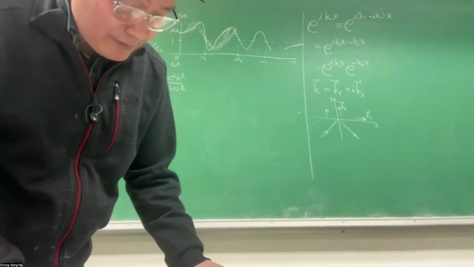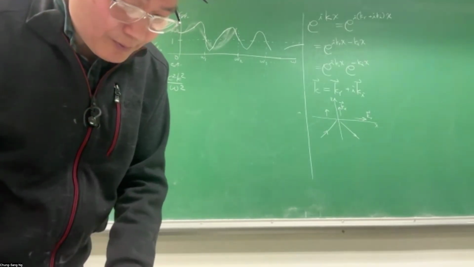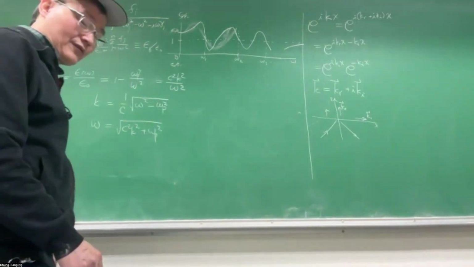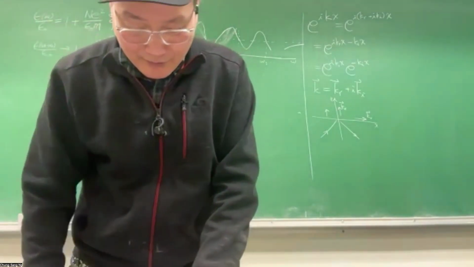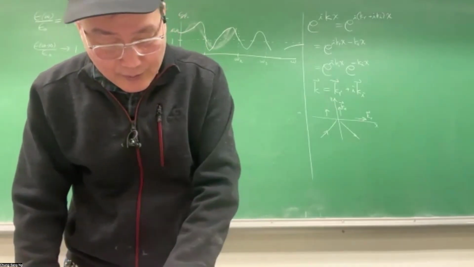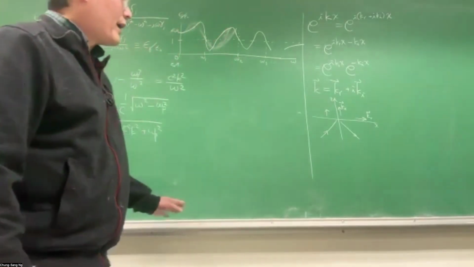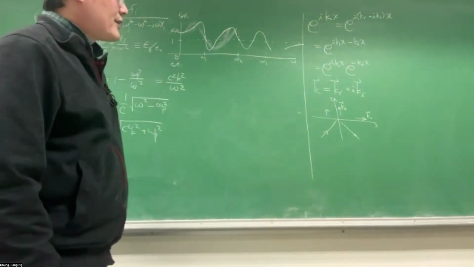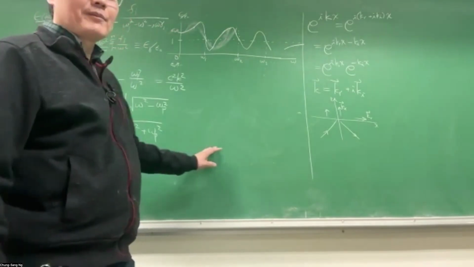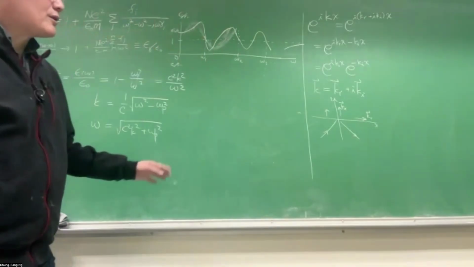Then Jackson has some qualitative discussion of absorption, especially the absorption of the air. That is kind of interesting. Later on, we'll have a theorem to show that for any epsilon, we must have some imaginary part. So there must be some absorption somewhere over the whole range of frequencies.